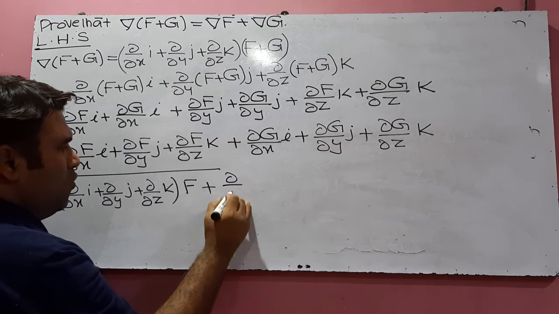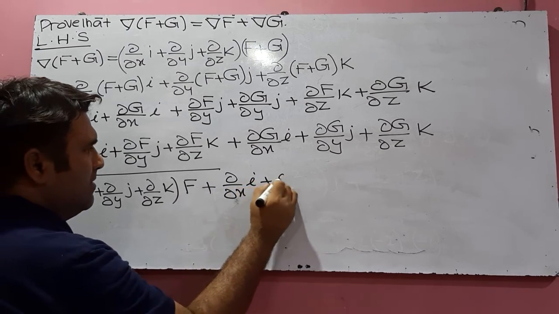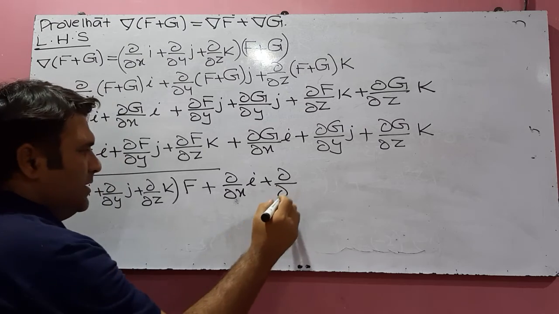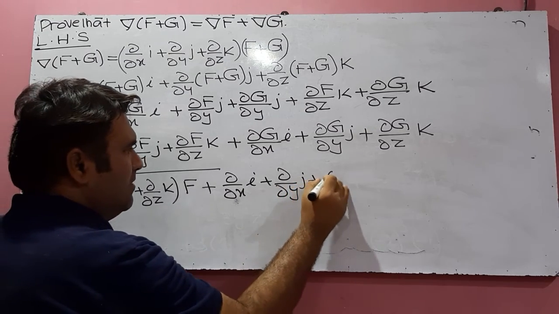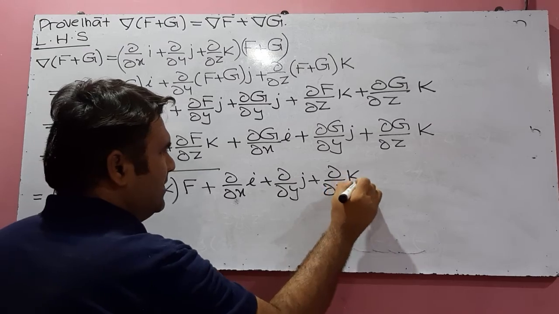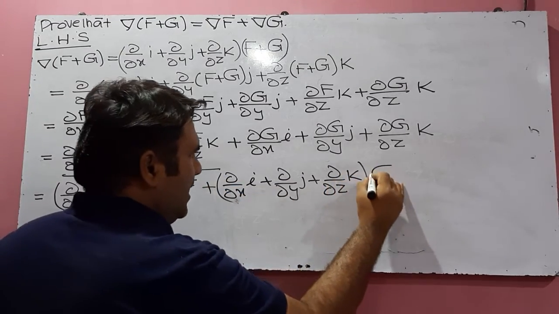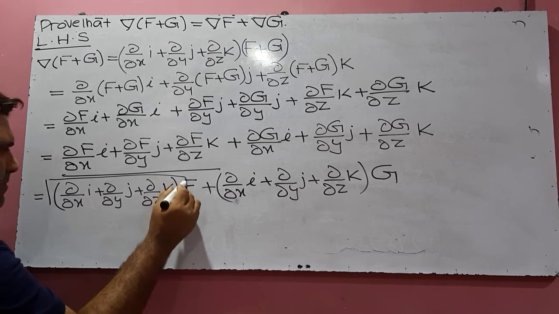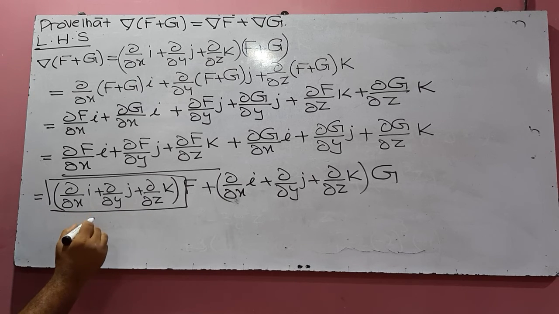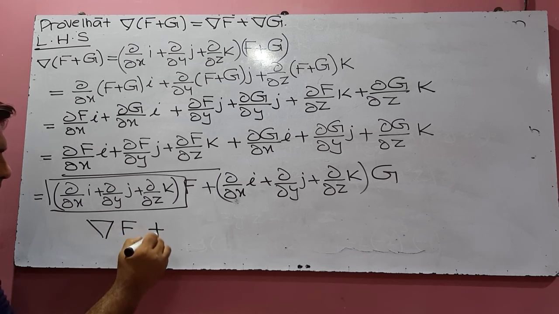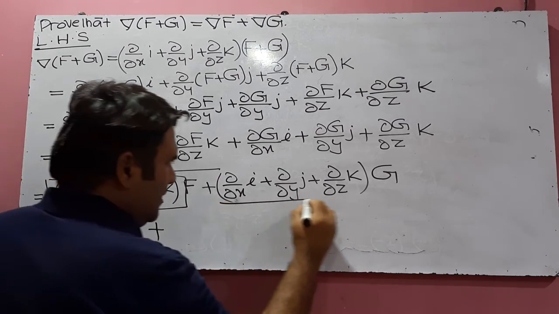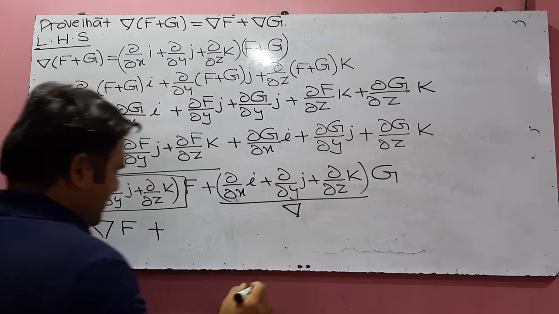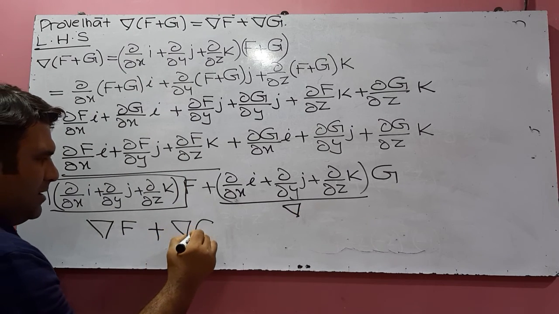So d over dx i plus d over dy j plus d over dz k, and g is common. As I told you earlier, this term is equal to the operator del acting on f, and this term is equal to del acting on g.